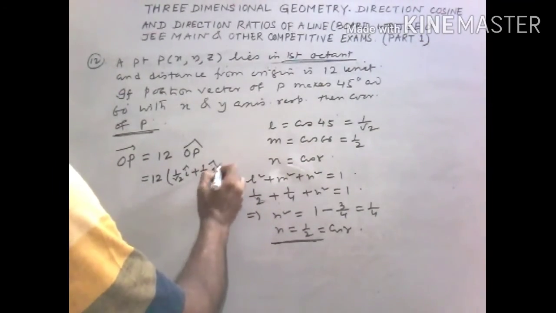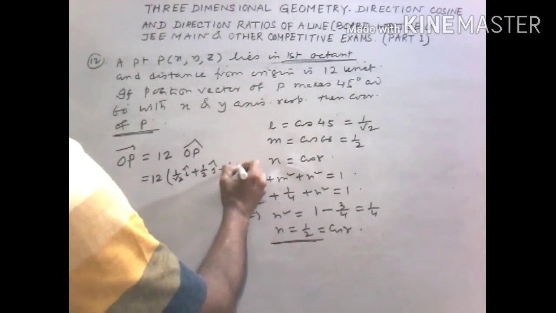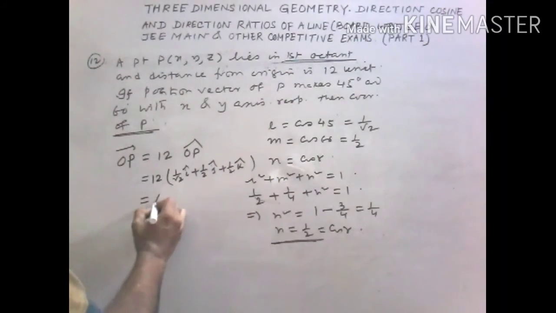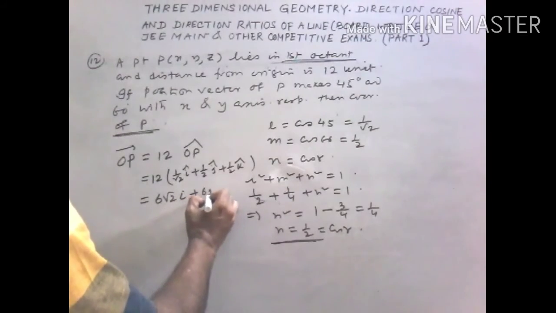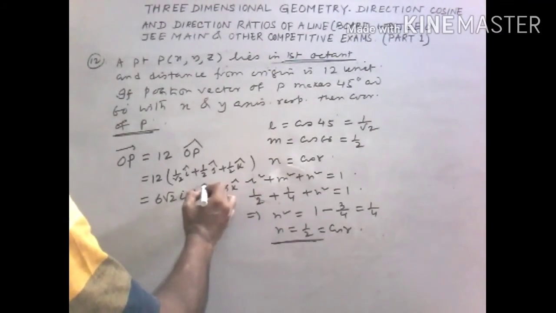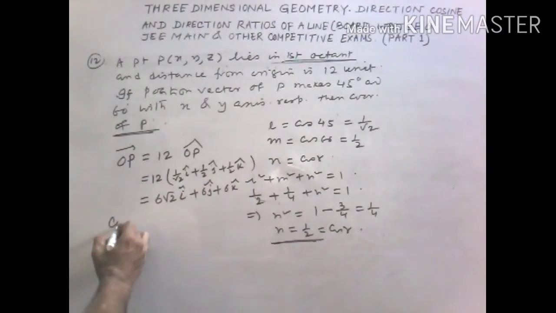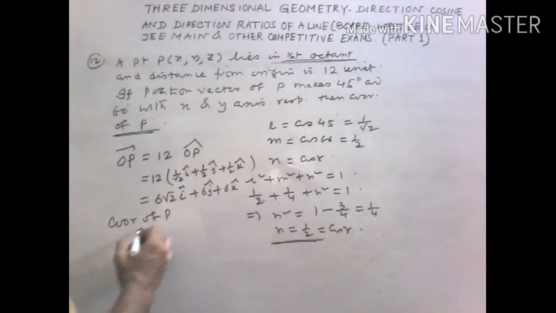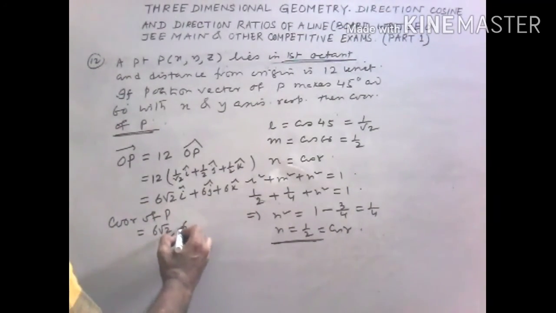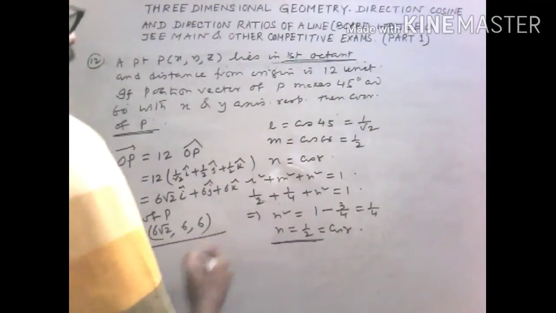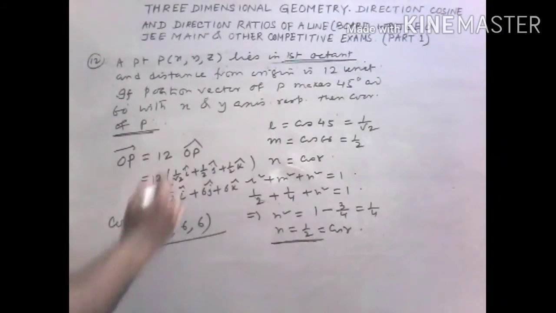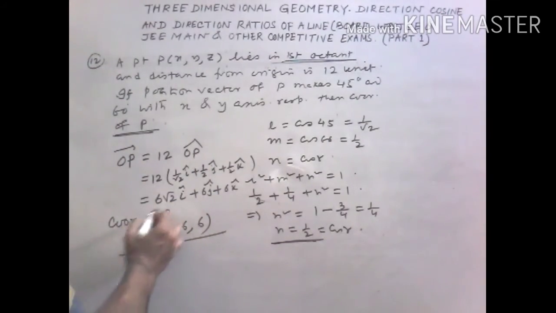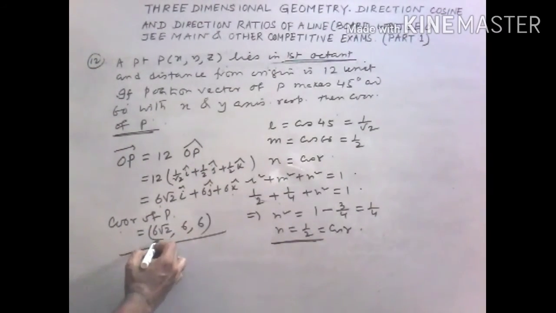M is half into j cap. And N is half of k cap. So we get 6 root 2 i plus 6j plus 6k. So what is coordinate of P? Coordinate of P equals 6 root 2, 6, 6. So magnitude is given, so vector is magnitude into unit vector. So coordinate of P is 6 root 2, 6, 6.